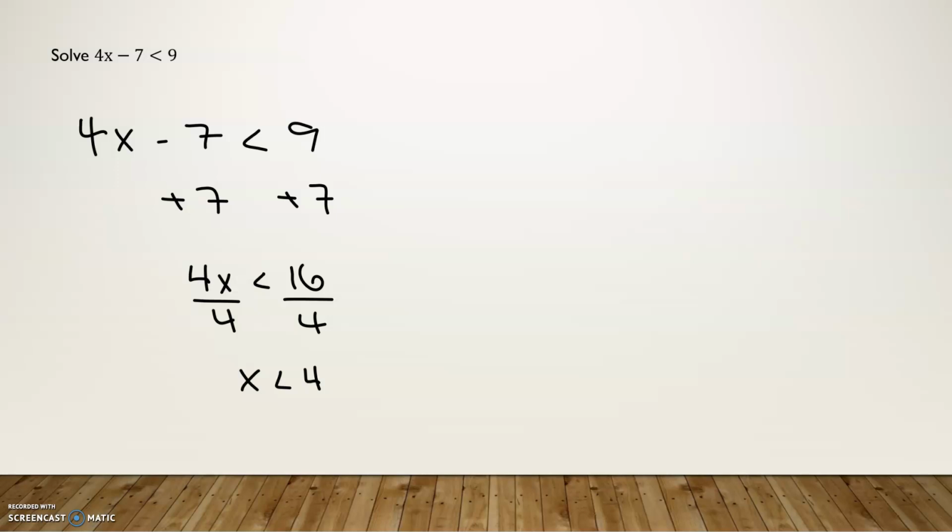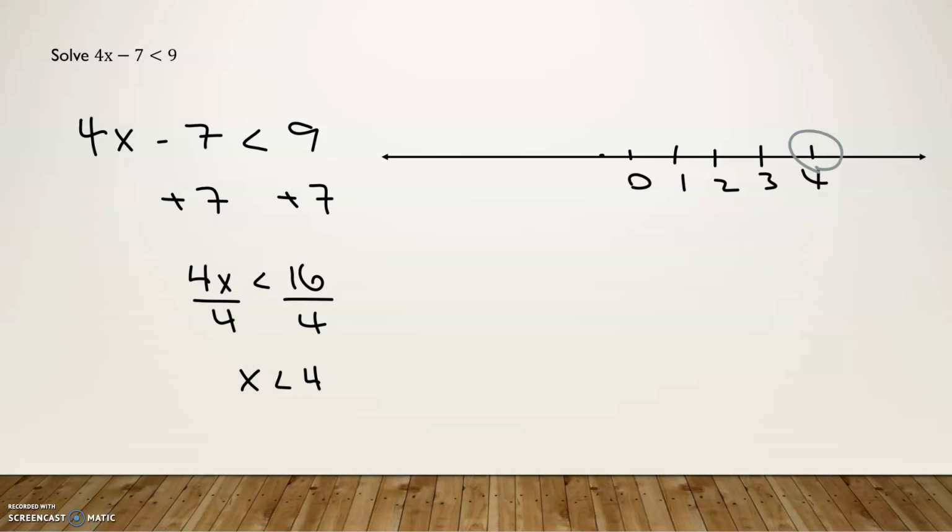Okay, so let's put this on a number line. So we'll have 0, 1, 2, 3, and 4. Because it's just a less than symbol, we're going to have an open circle on 4. And this is pointing this direction, so I will point my arrow in that direction as well.